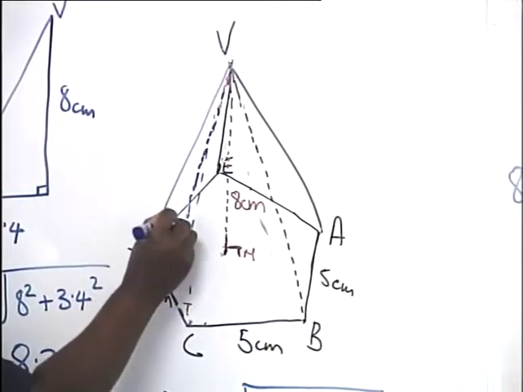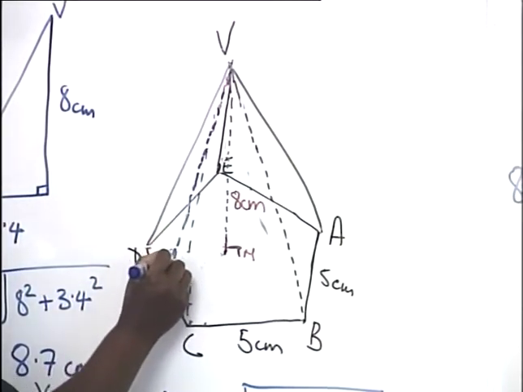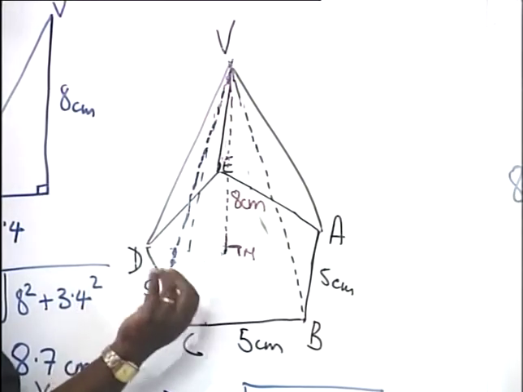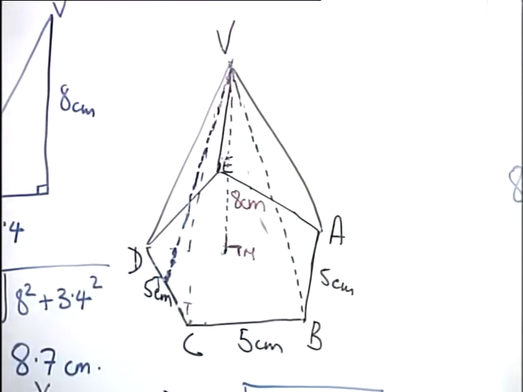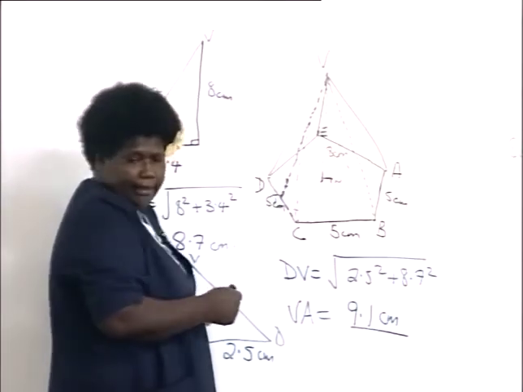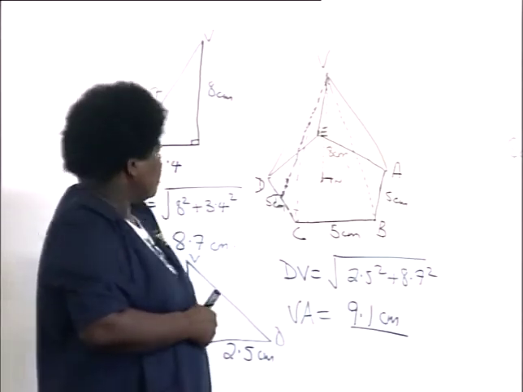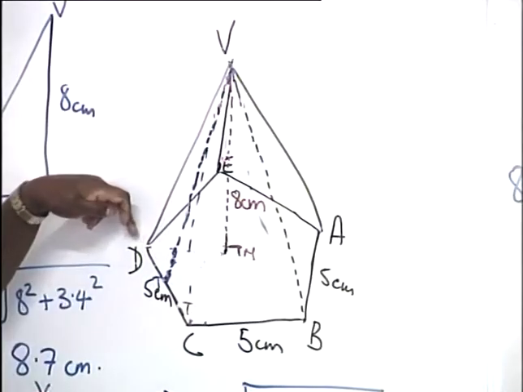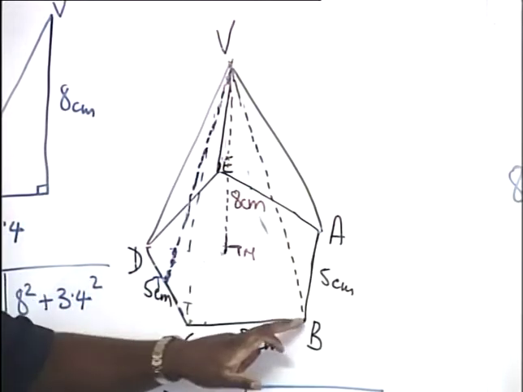We'll have to work out where we are going to draw the lines. Remember how you have to draw the lines in the faces or the bases so that you can come up with the angles. Okay, it's between the face VAB and the edge VD. This is the edge VD and the face is VAB.